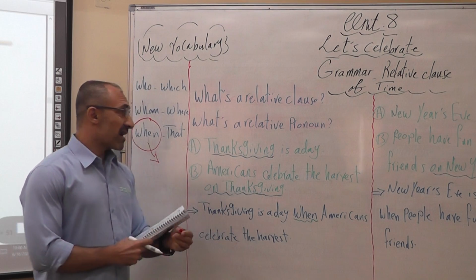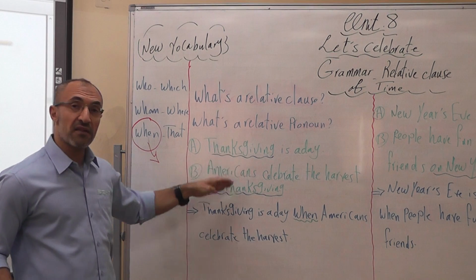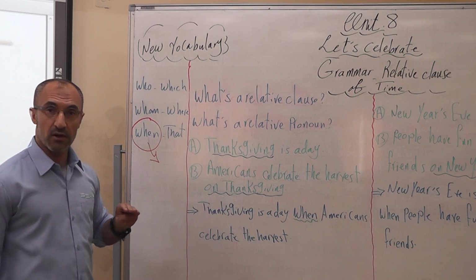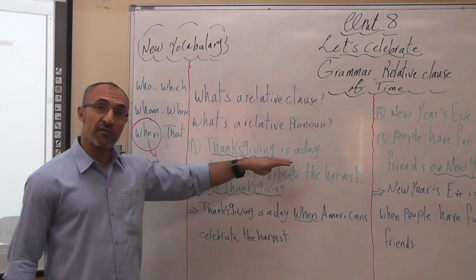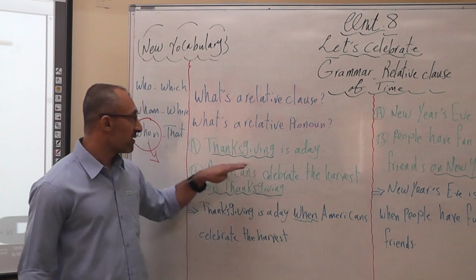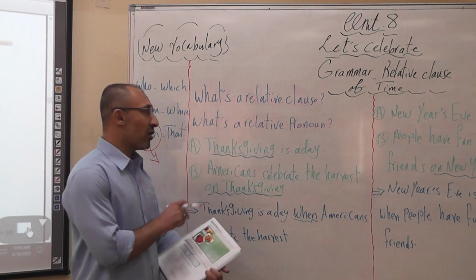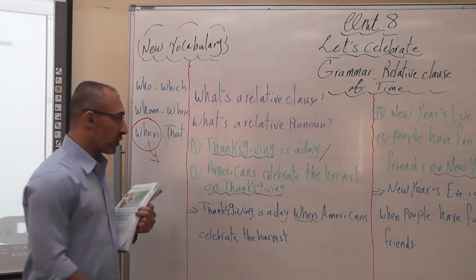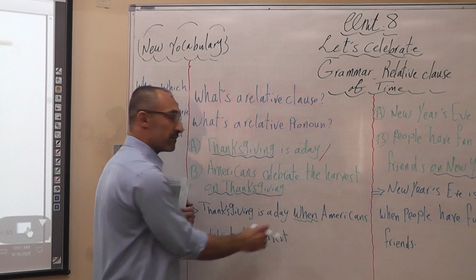Okay? Back again to the two main sentences that we have. I would like to combine the two sentences using the relative pronoun when. First of all, I will write the first sentence as it is. Thanksgiving is a day. Here it is. Then we will omit the dot and change it for when. So, Thanksgiving is a day when.